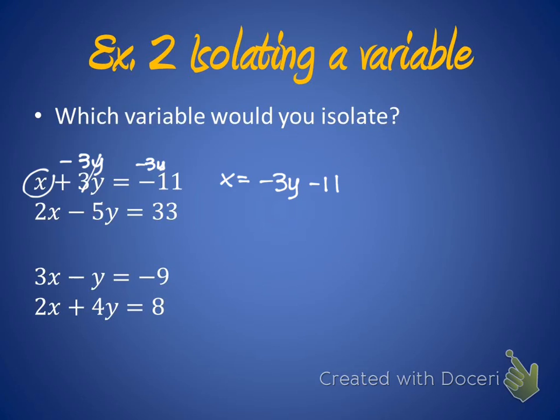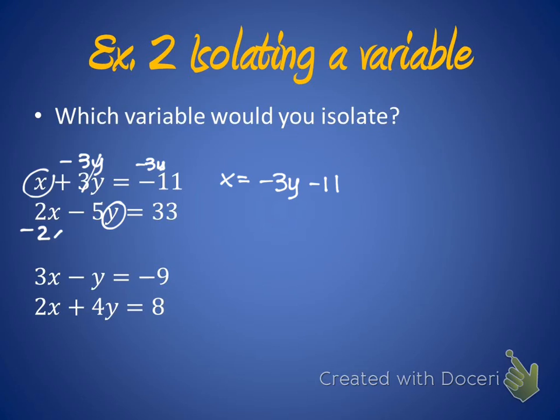Now do I know what x equals? Yep. So I can use substitution. Okay. I would plug it into the second equation for x. Now the problem that we did before this, the y was by itself. That's okay. Remember, it does not matter which variable you get alone. Now you say, wait a second, but I want to get this y by itself. Okay, go for it.